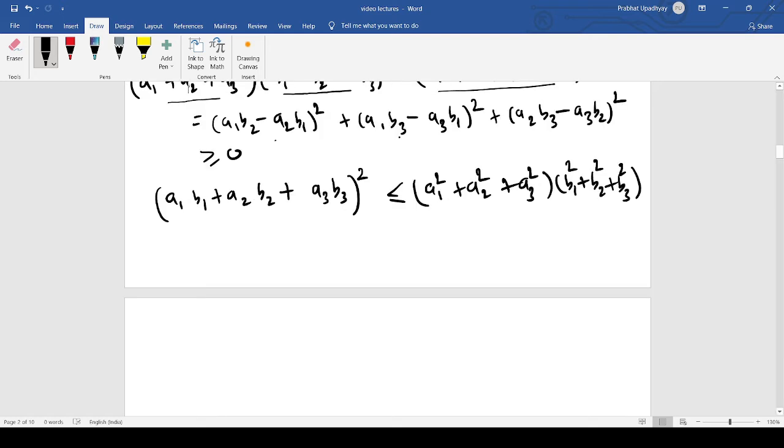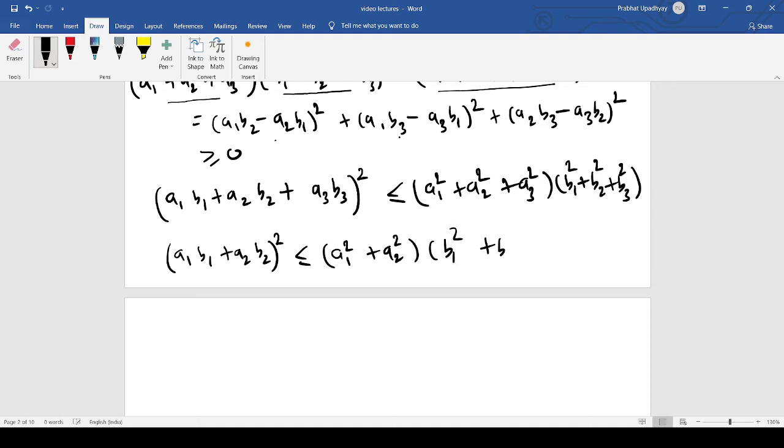So what we have observed, when we had only sequence of two real numbers a1 a2 and b1 b2, there we got a1 b1 plus a2 b2 complete square is less equal a1 square plus a2 square into b1 square plus b2 square.